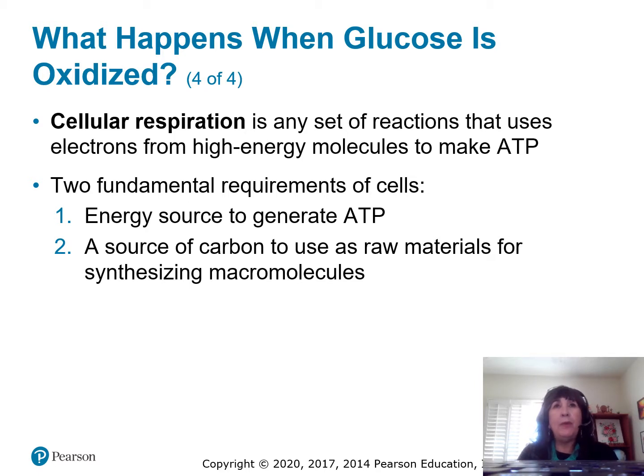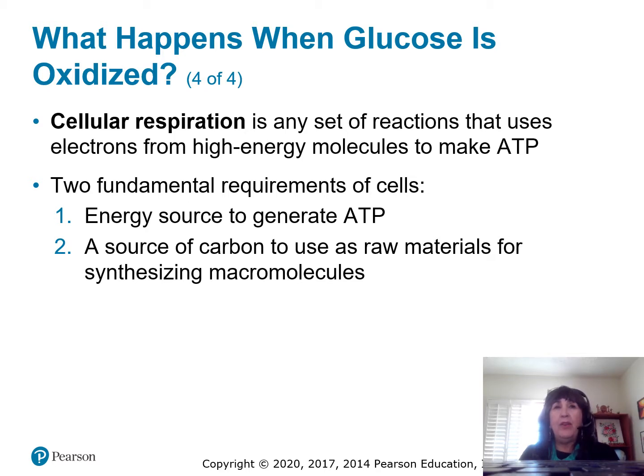So what happens when glucose is oxidized? It says here cellular respiration is a set of reactions that uses electrons from high energy molecules to make ATP. Remember I had mentioned before in chapter 8 that energy moves two ways in the cell: through electrons and through phosphate groups. In cellular respiration, we're going to see that a lot of energy is moving through electrons.